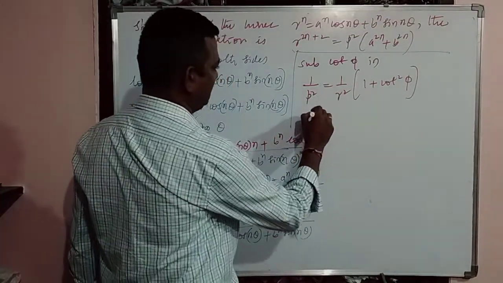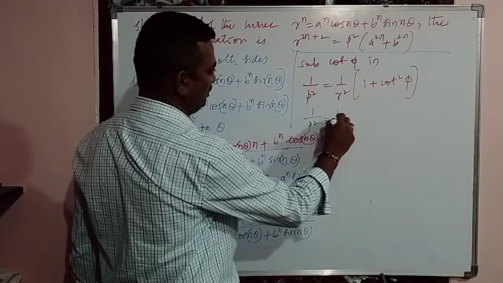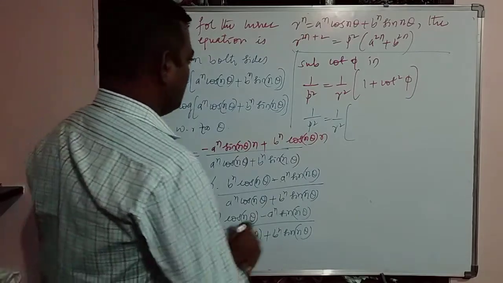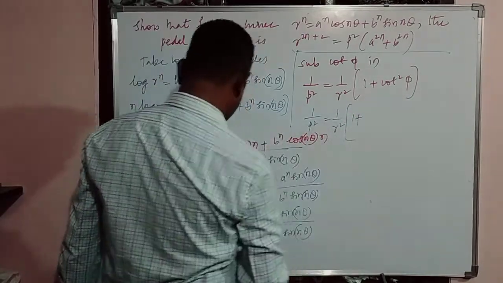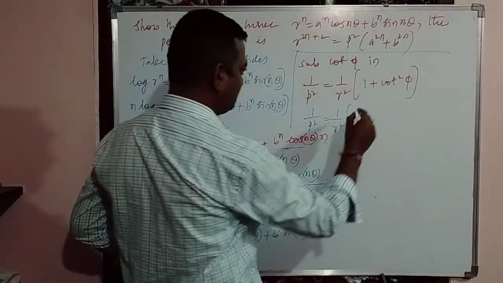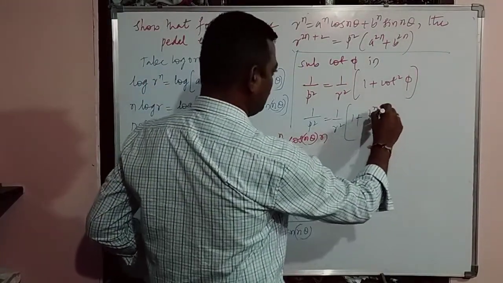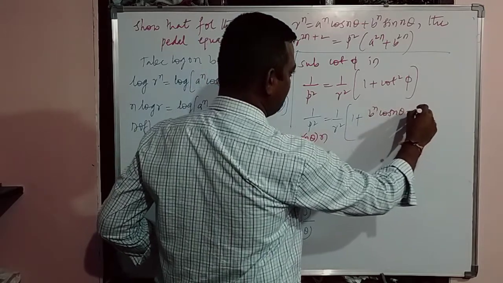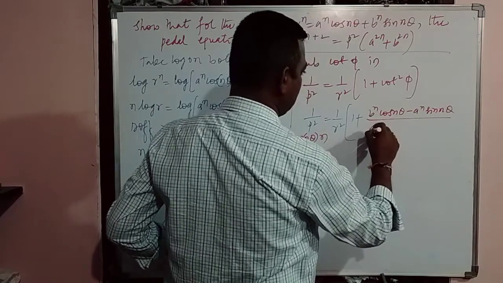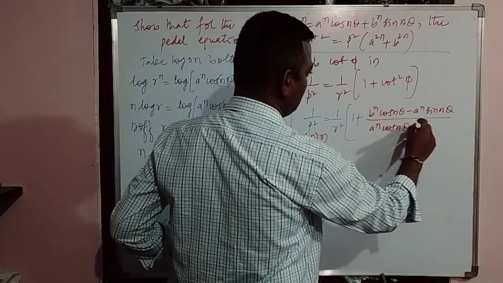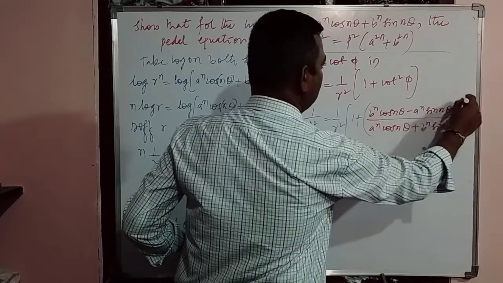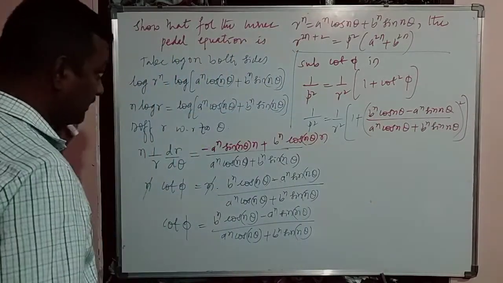First I will substitute, then I will expand this. 1/p² is equal to 1/r² into 1 plus, what is cot φ, students? Just substitute this: (b^n cos nθ minus a^n sin nθ) divided by (a^n cos nθ + b^n sin nθ), whole square.